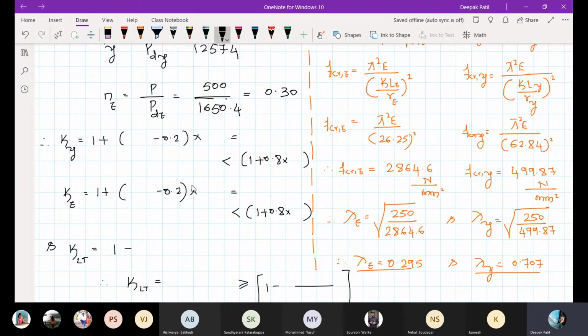So ky is equal to 1 plus, bracket open, lambda y minus 0.2, multiplied by ny. Lambda y is 0.707, and ny I have calculated, which is 0.39. So I can get the value of ky as 1.19.